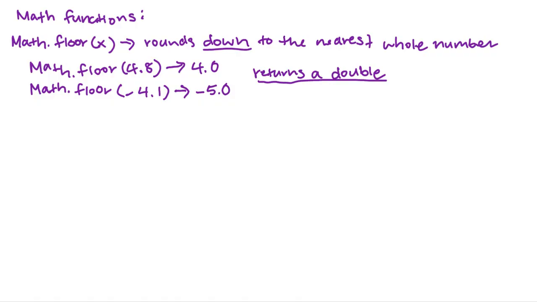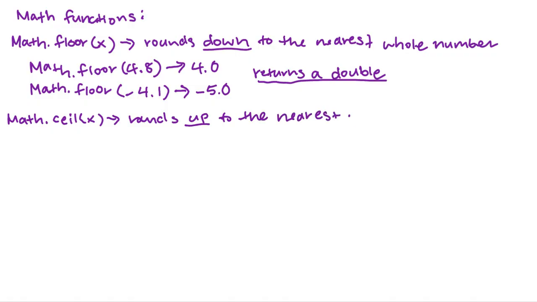So that is math.floor. The next one, which we've already seen in the problem above, is math.ceil, which rounds up to the nearest whole number.